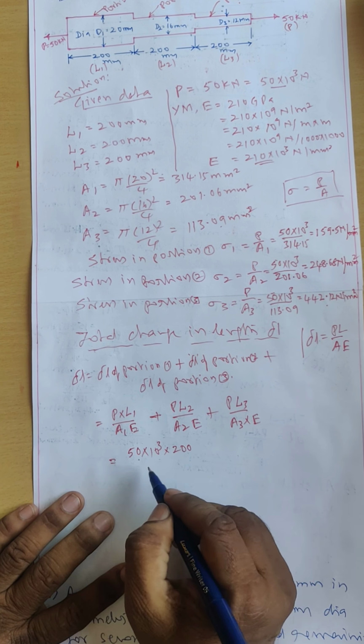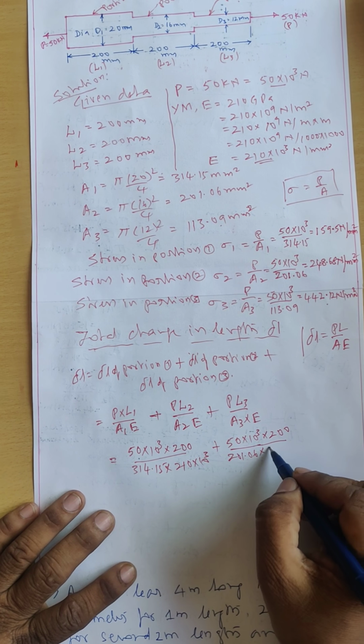A1 we calculated 314.15, E we converted into Newton per millimeter square, 210 into 10 to the power 3, plus P is constant, 10 to the power 3. A2 we calculated 201.06, here L3 is the same, 200.